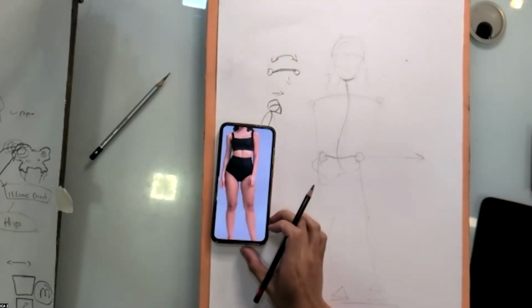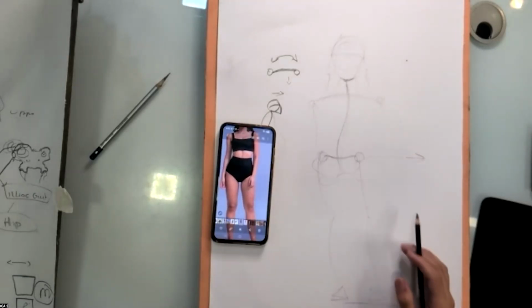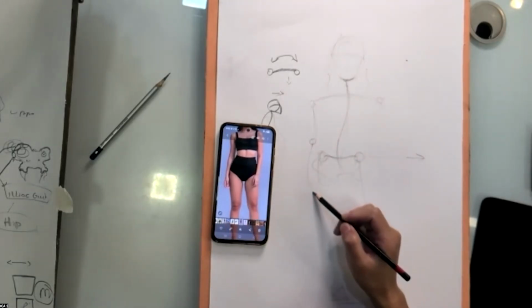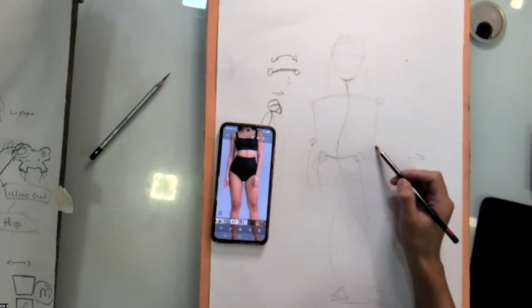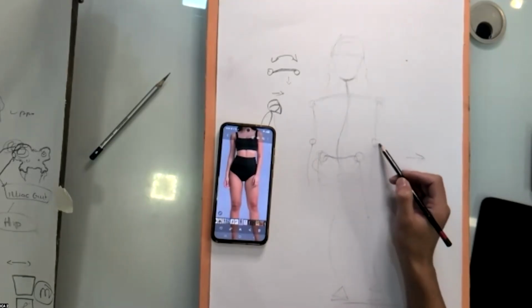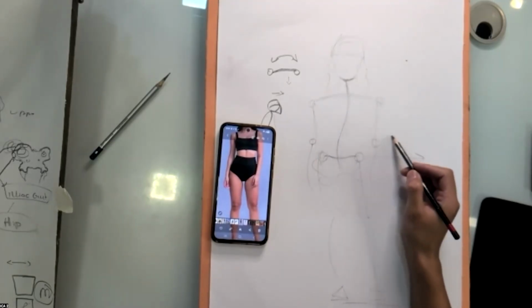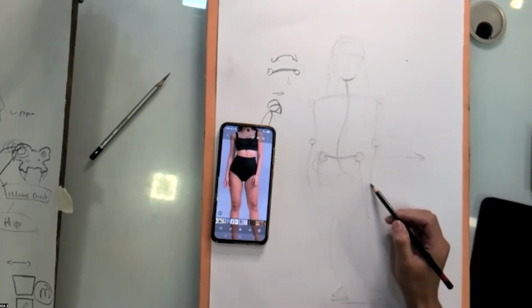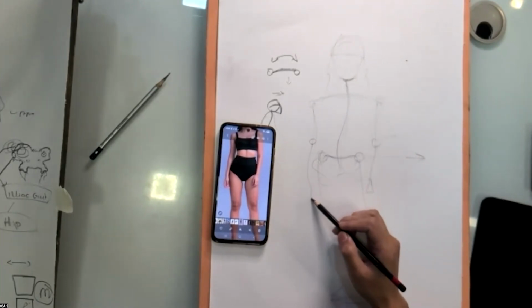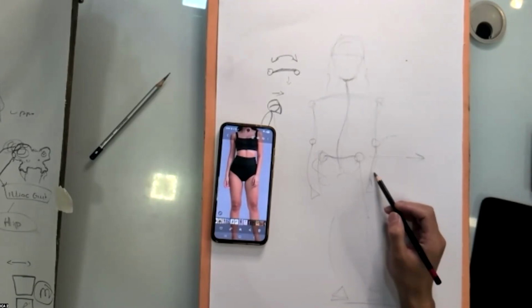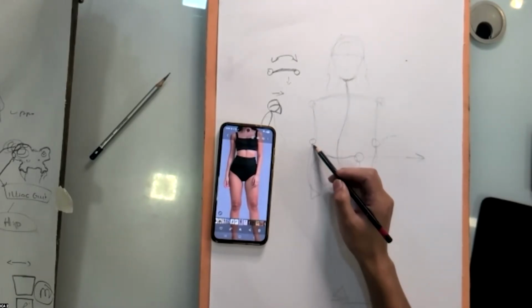So let's move on quickly. This one is the whole layout, the hands, and even with the hands, starting from the elbow, right? This whole forearm, and then the actual lower part of the hand. There are usually two bones over here, the radius and ulna.